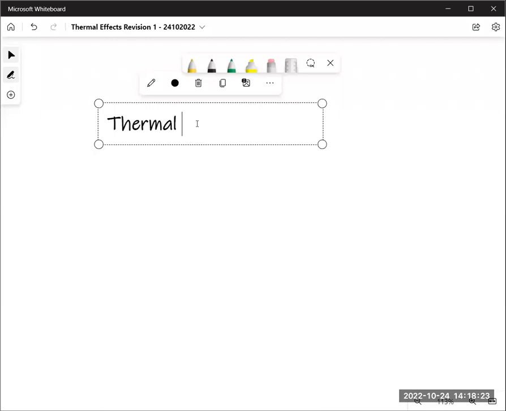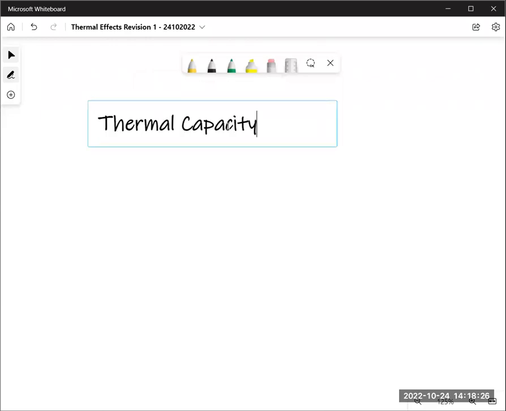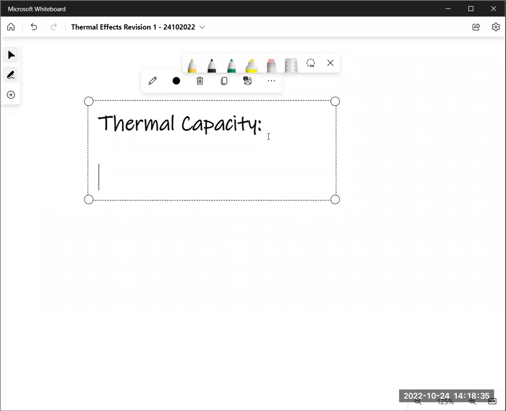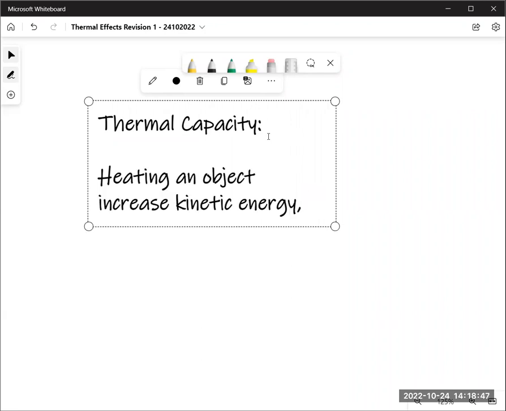Let's start with thermal capacity. First thing first, heating an object increases kinetic energy and particles move faster.